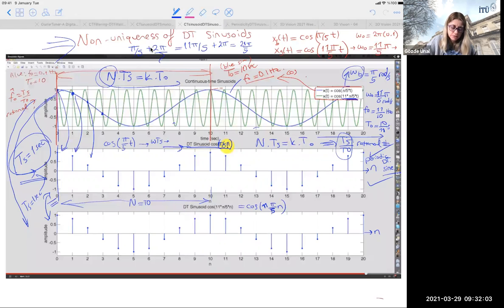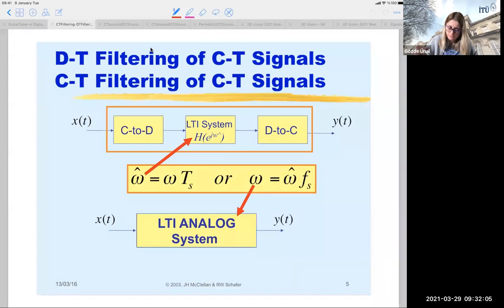So let me see if I have other examples. Okay, this is just from the slides, guys. We've just learned this part, continuous to discrete time. Later we'll talk about systems here, and we will, for instance, manipulate our signals in discrete time, and then by a discrete to continuous converter, we will come back to the continuous time.